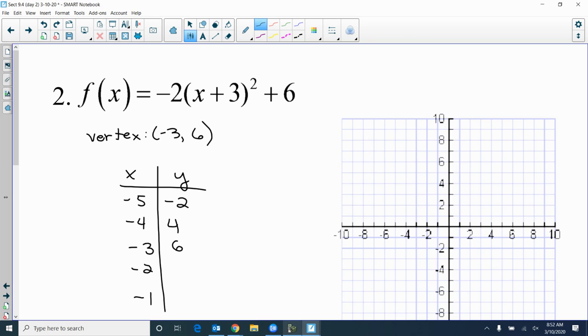Isabella, you got -2? Oh shoot, I wrote 1, 2, 3, 4, 5 instead of 5, 4, 3, 2, 1. Did you put negatives? Oh, -2, I got 4. Okay, that's fine. And then -1, you better get -2. So -5, -2; -4, 4; -3, 6; -2, 4; and -1, -2.